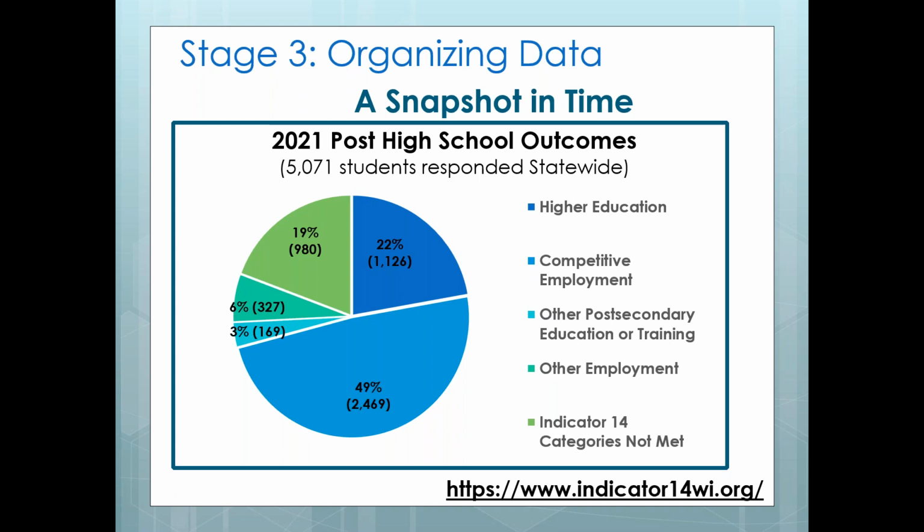They have to collect a whole bunch of indicators, but Indicator 14 is related to transition out of high school. And this website is really cool because it has outcome data for multiple years. I also have the link on the resource slide at the end of the webinar, and it's also on one of your handouts.